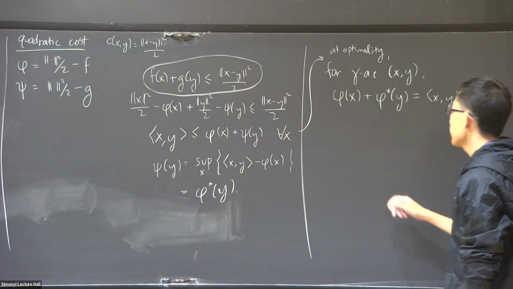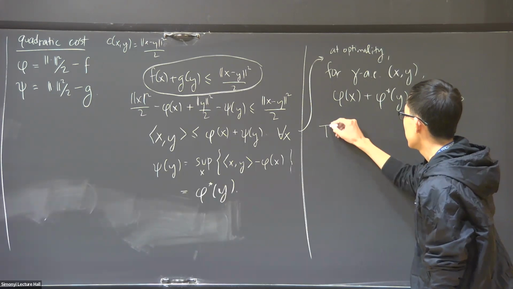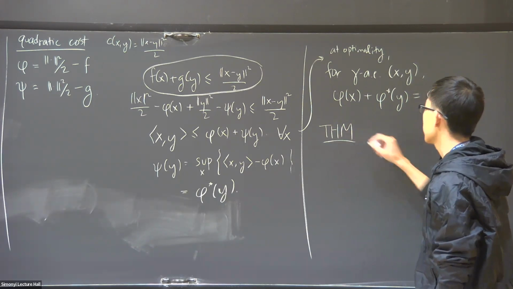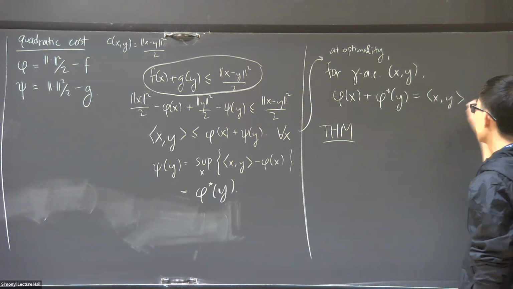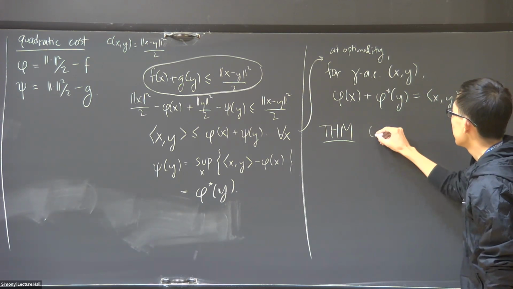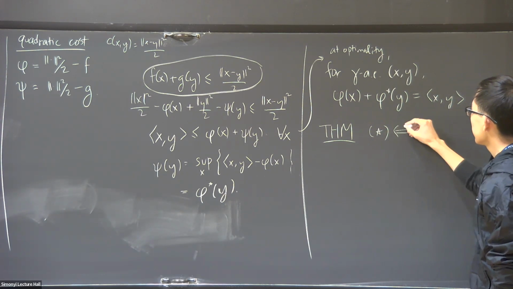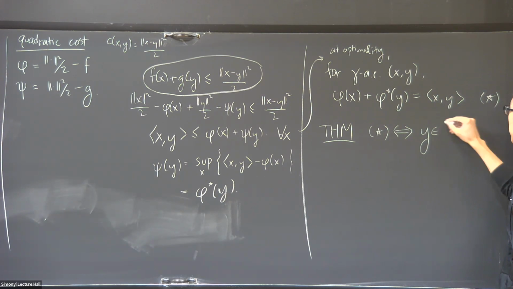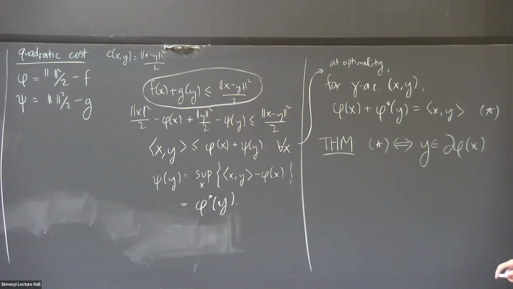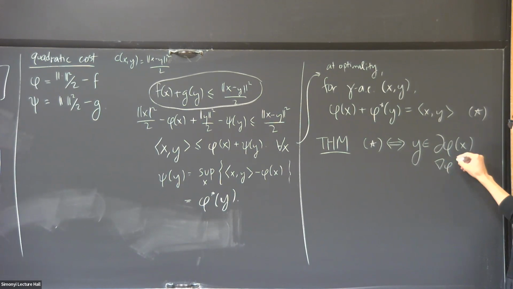Okay, but now there's actually a theorem of convex analysis, which says that this is true if and only if y lies in the subdifferential of phi. What does it mean? You can also just think of it as the gradient.